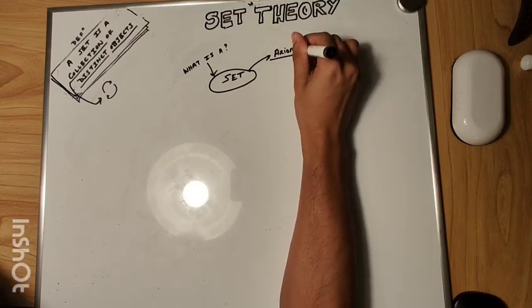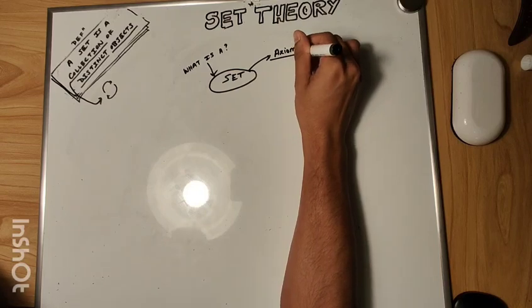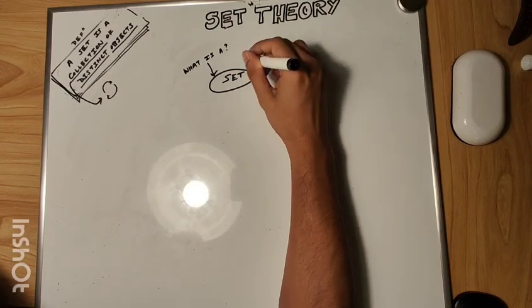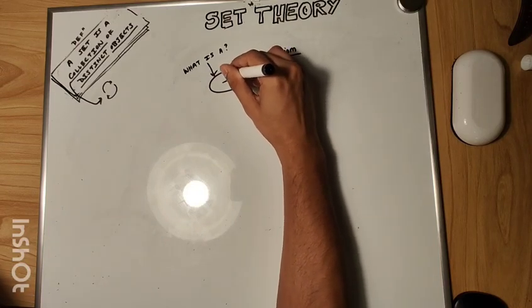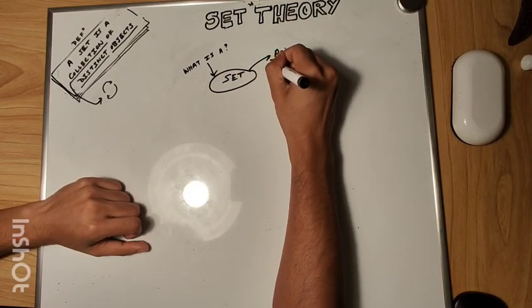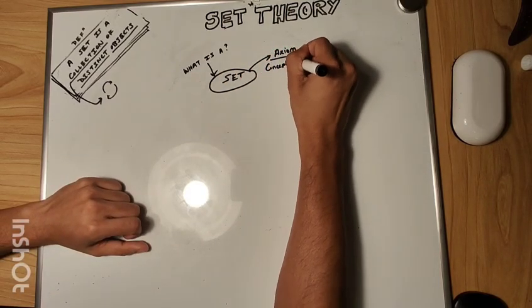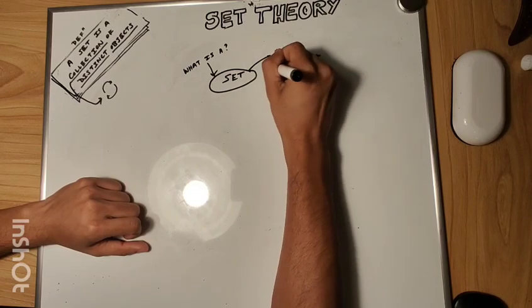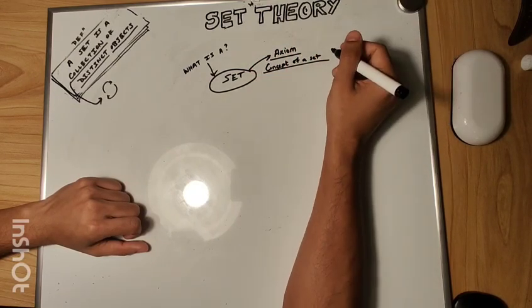An axiom is something that is assumed to be true, and we are going to treat the concept of a set as an axiom.